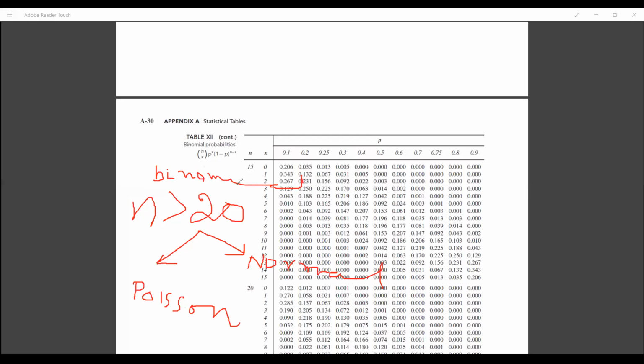If P and Q are very distant from each other, then we should prefer to use the Poisson approximation. If P and Q are closer, we prefer to use the normal approximation.